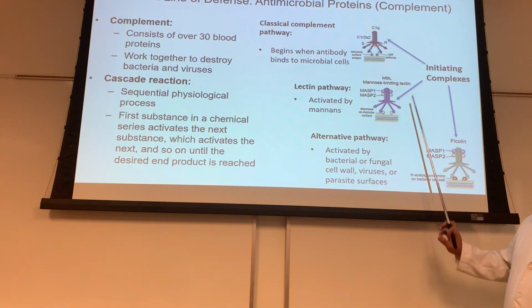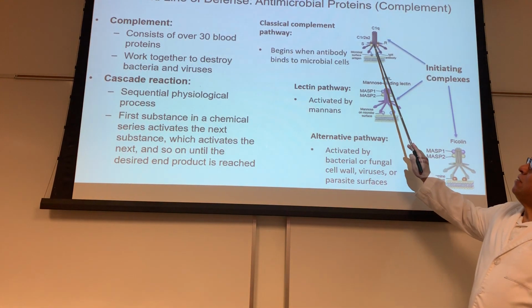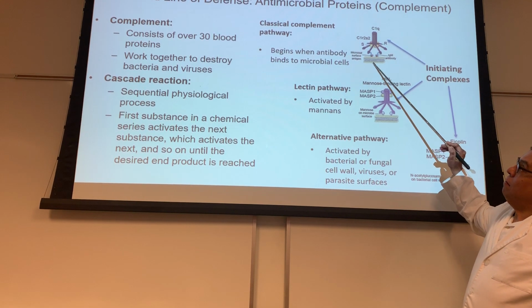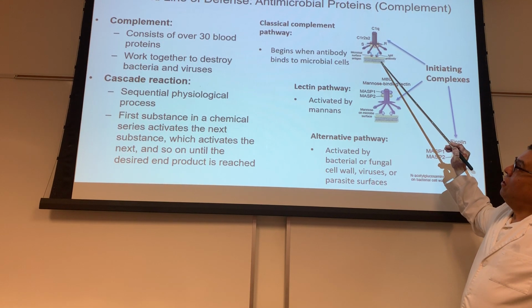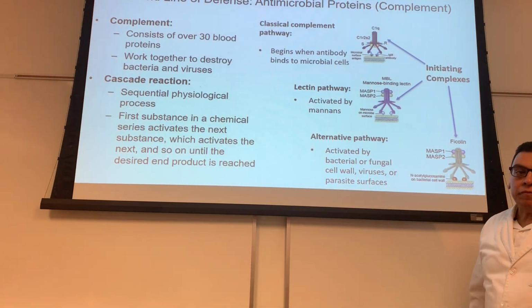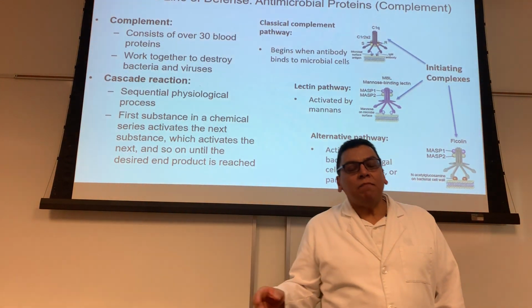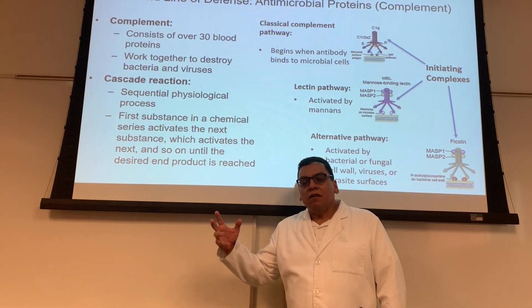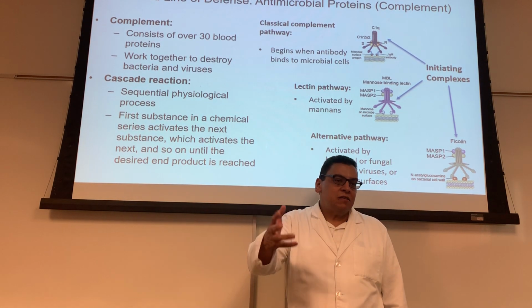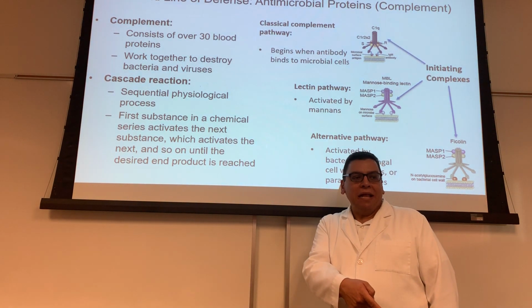These are called initiating complexes. You have, for example, C1, which recognizes the bacteria that's been marked by an antibody. We'll talk about antibodies in the next chapter, but antibodies attach to the surface of pathogens, at least in some cases. That marks them as bad guys.